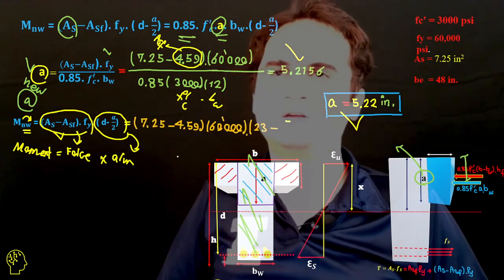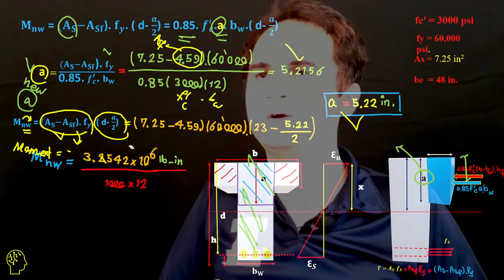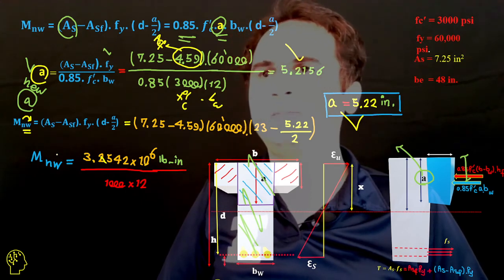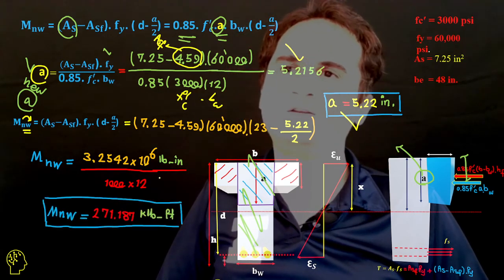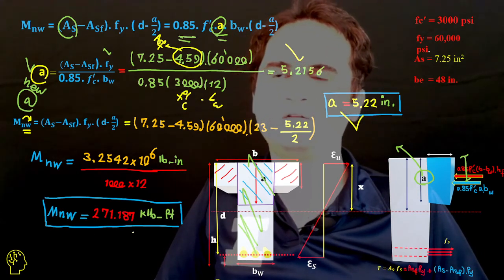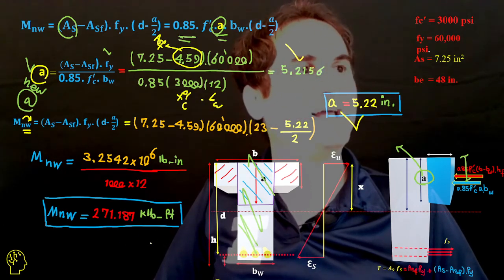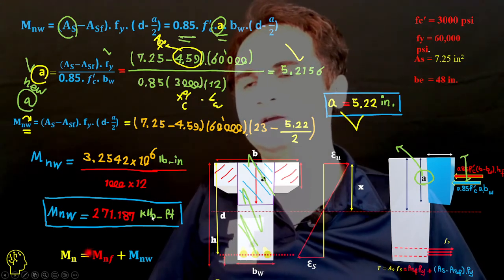If you replace that by numeric values, it gives you Mnw equal to 171.187 kilopound feet.